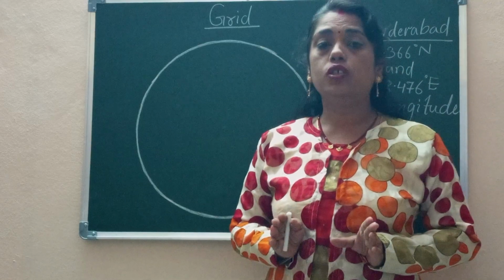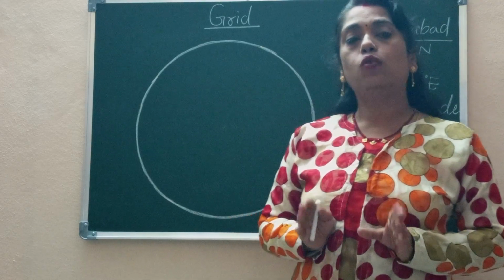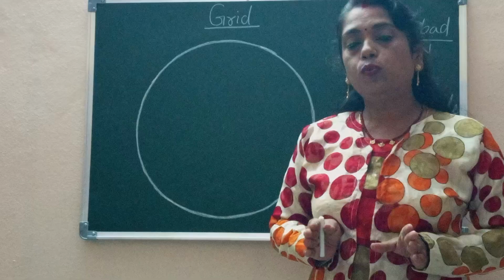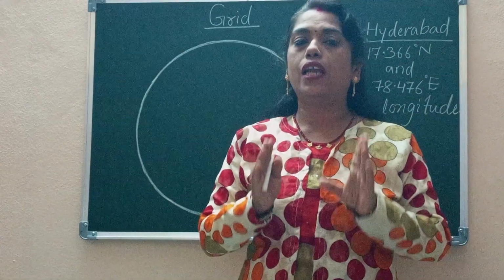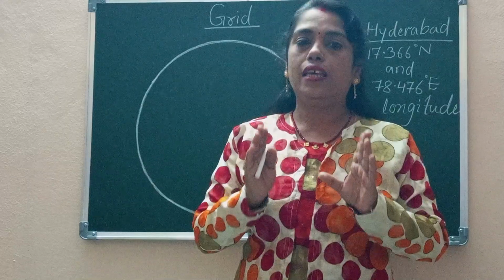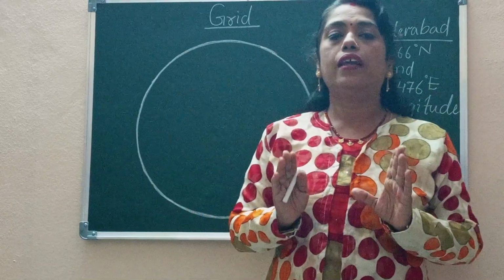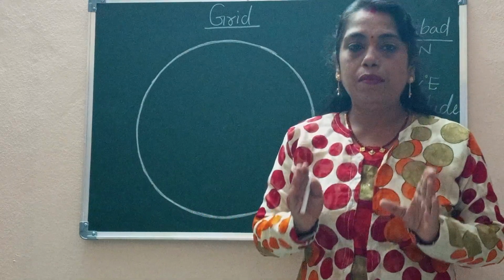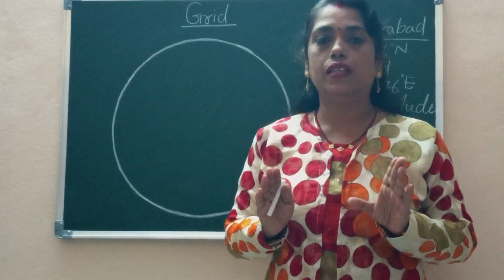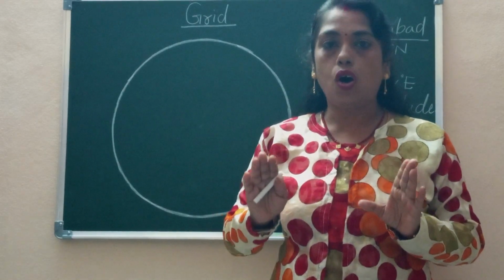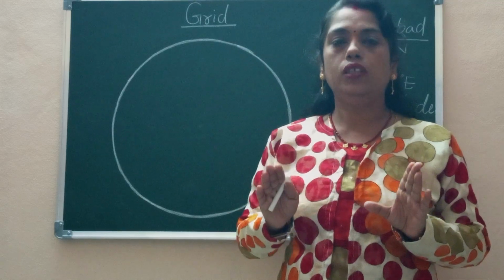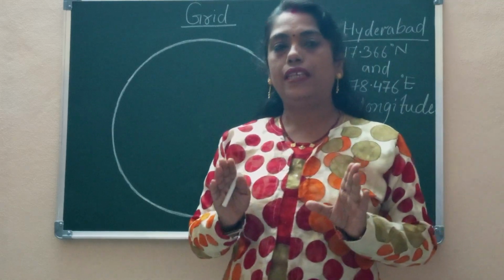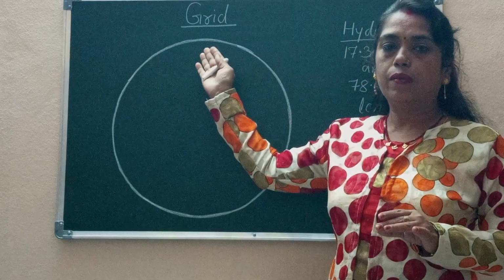In this way, each line is of the same length, and these are all semicircles, not full circles. So now I will tell you about the grid.